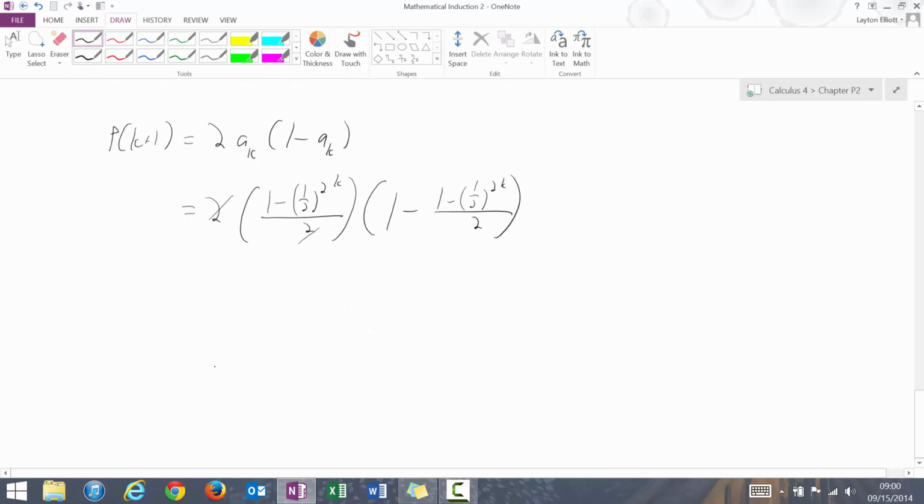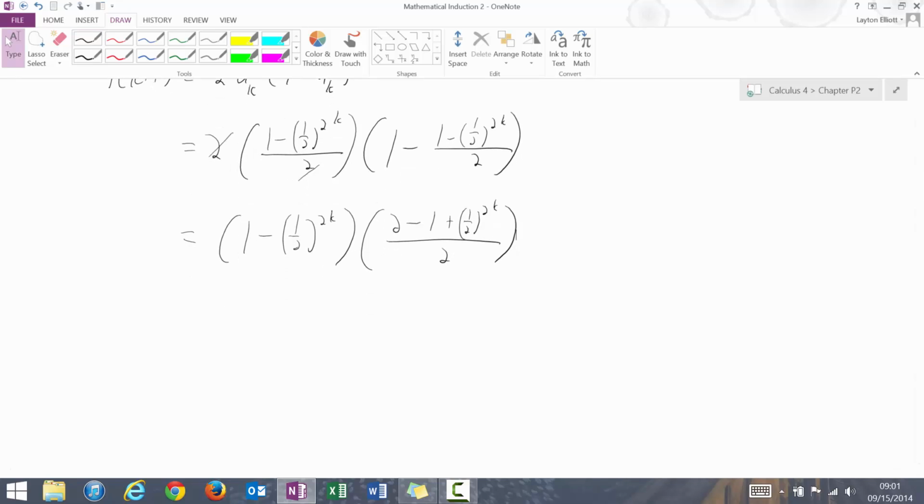Well, those 2's cancel, and if I take the right one and add those fractions, I still have 1 minus 1/2 to the 2 to the k, and this would be 2 minus 1 plus 1/2 to the 2 to the k all over 2, just adding those fractions up and distributing the negative.